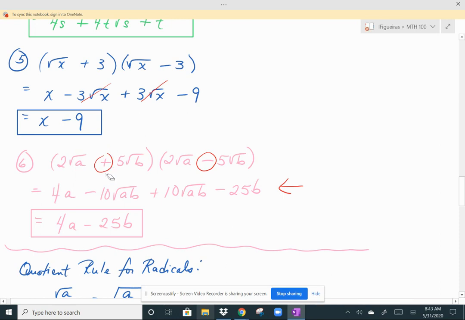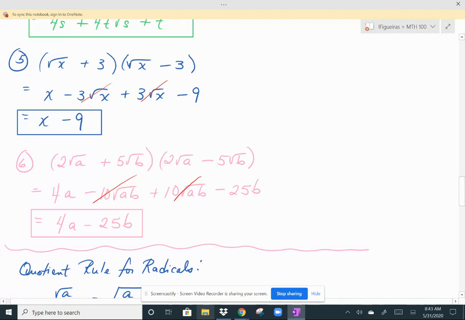Inner is positive 10 root ab. And last is negative 25b. Again, because 5 and negative 5 is negative 25, and root b times root b is just b. So again, my middle terms cancel. They are the same with opposite signs. So your final answer is just 4a minus 25b.